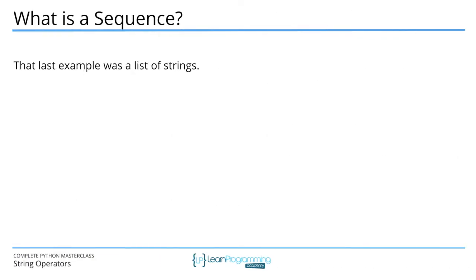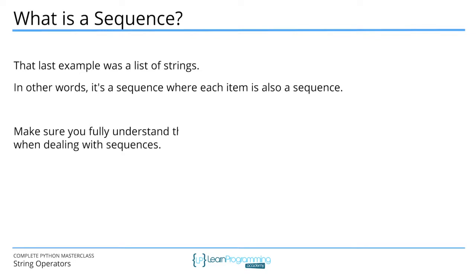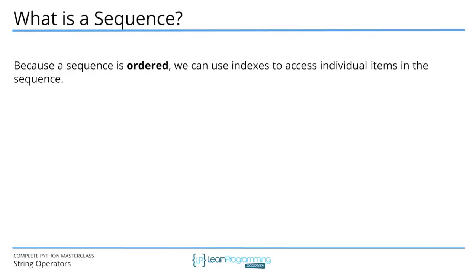That last example was a list of strings. In other words, it's a sequence where each item is also a sequence. Make sure you fully understand the videos on indexing, because indexing is very important when dealing with sequences. Because a sequence is ordered, we can use indexes to access individual items.